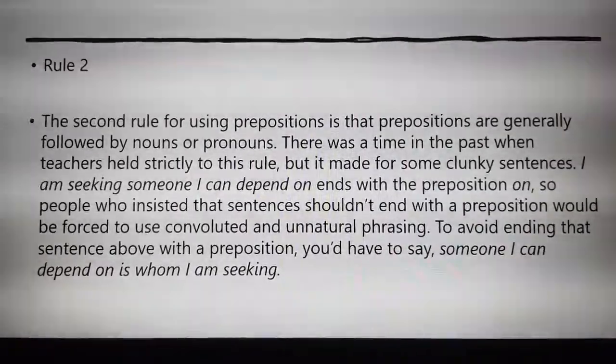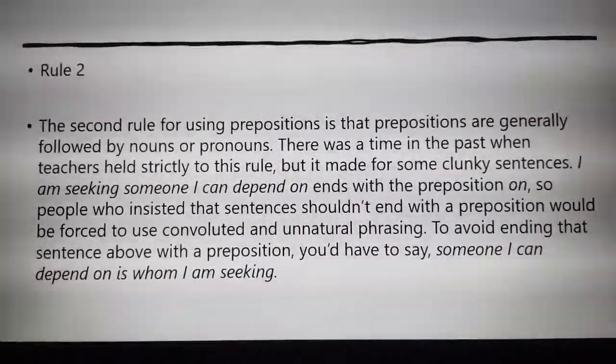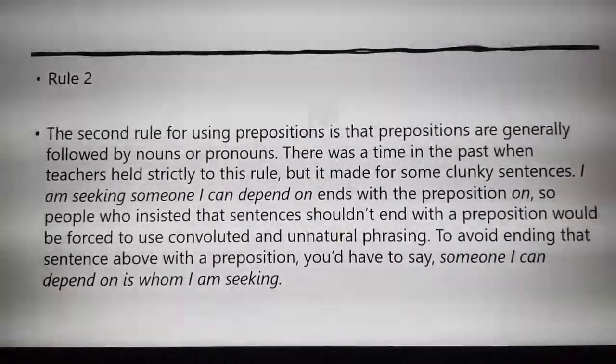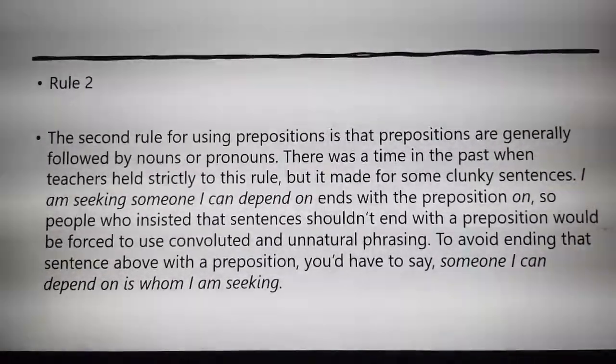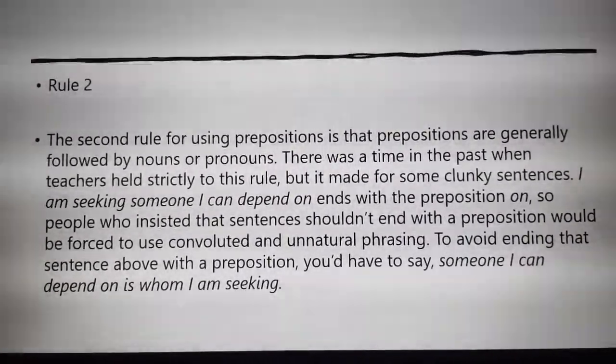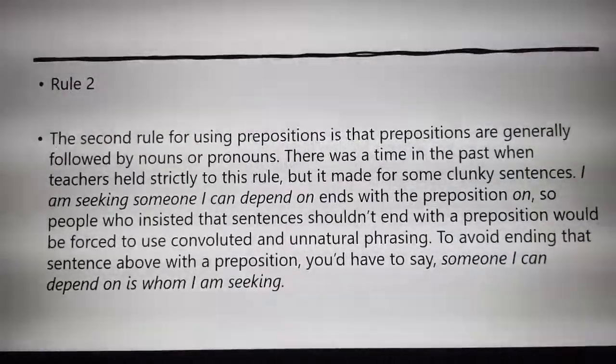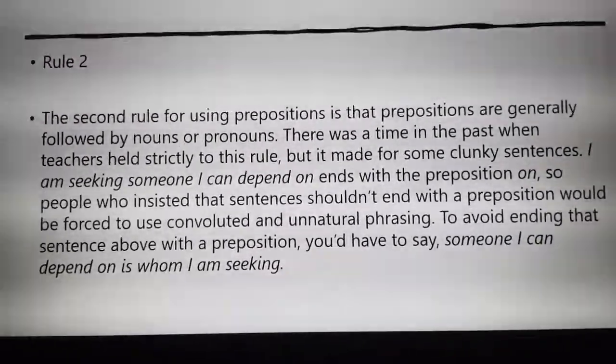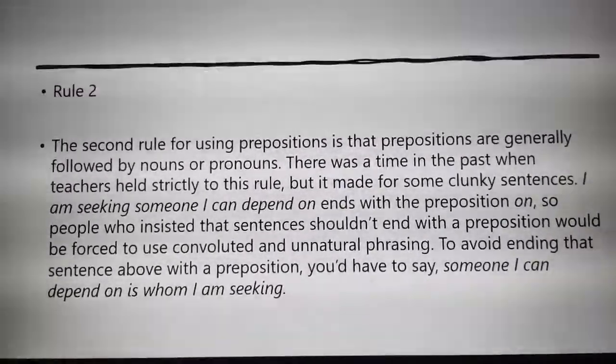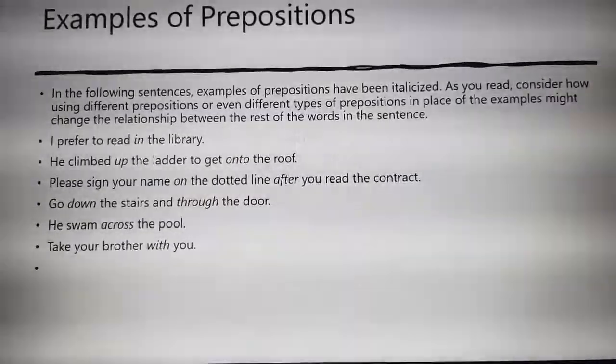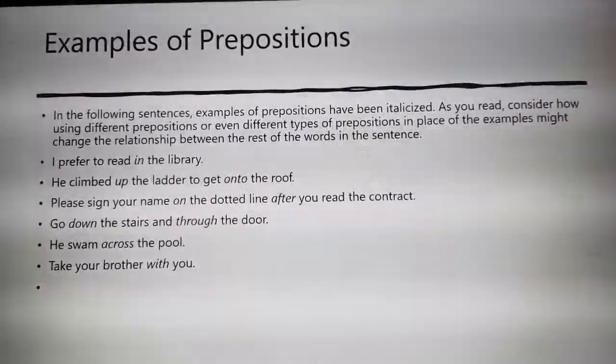To avoid ending that sentence with a preposition, you have to say "Someone on whom I can depend is whom I'm seeking." So earlier, teachers were very strict about it, but now it's fine. The sentence should sound correct and it has to be grammatically correct, right? That's all that matters.